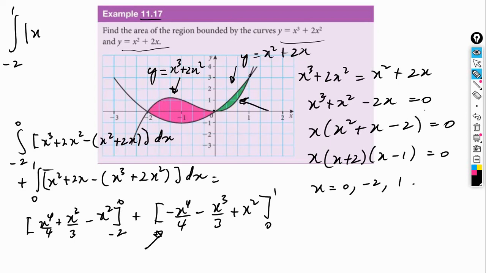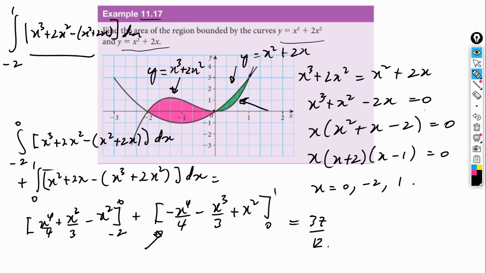We could say x cubed plus 2x squared, and then just minus x squared plus 2x, and dx. And this would give us the same answer that we're getting through this manual method. But we'll verify this in a bit. So plug everything in here, and you would be getting 37 over 12.